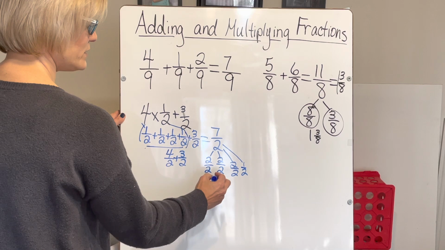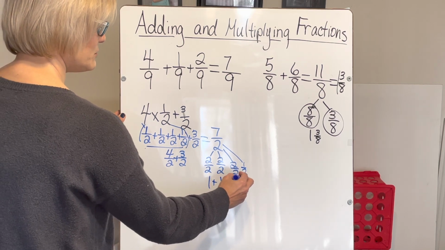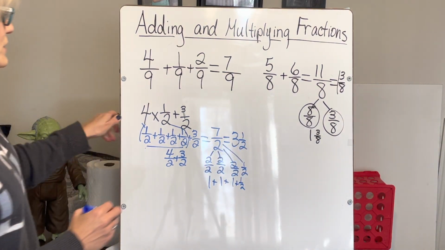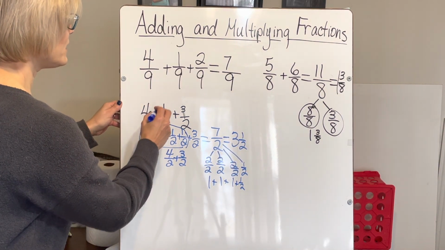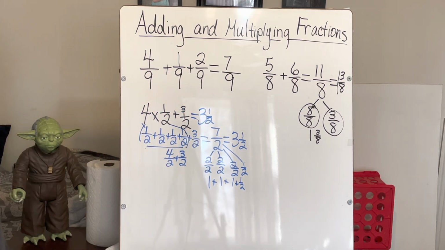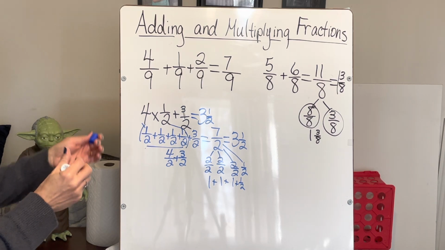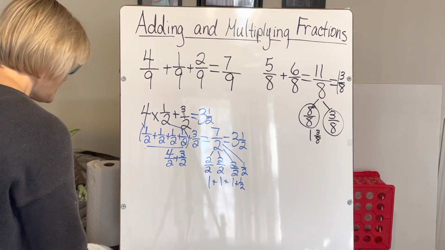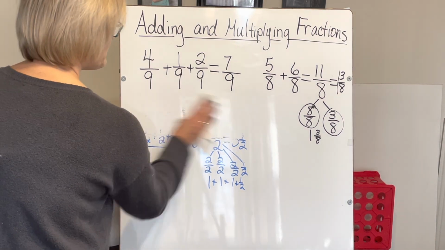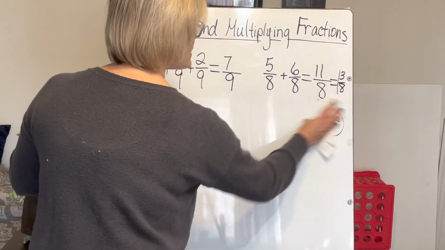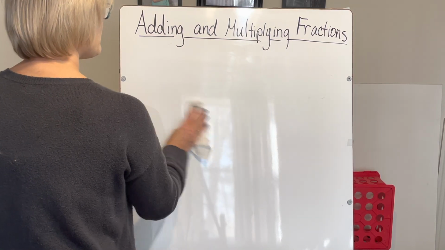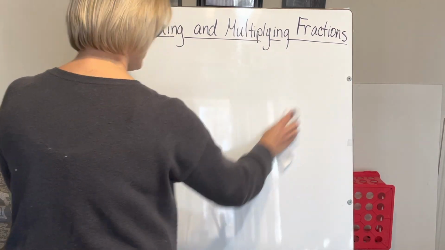So there's 1 plus 1 plus 1 plus a half, which equals 3.5. So 4 times 1/2 plus 3/2 would be 3.5. Okay, so I'm hoping you're seeing how to do these. These I think you will get pretty quickly because you guys are really good with seeing patterns and understanding. And as long as you're remembering how to decompose the numbers, changing them from an improper fraction to a mixed number shouldn't be any problem for you either.